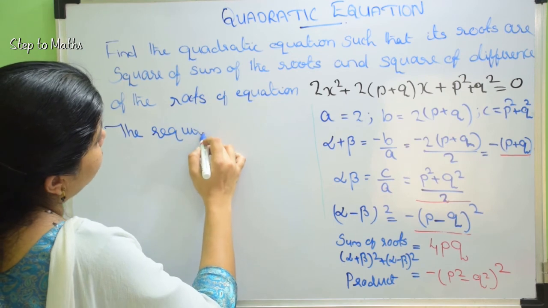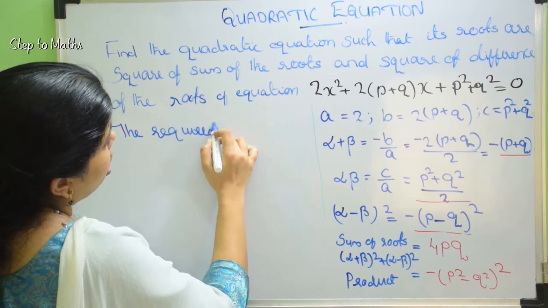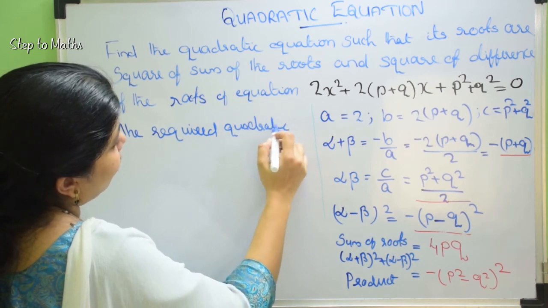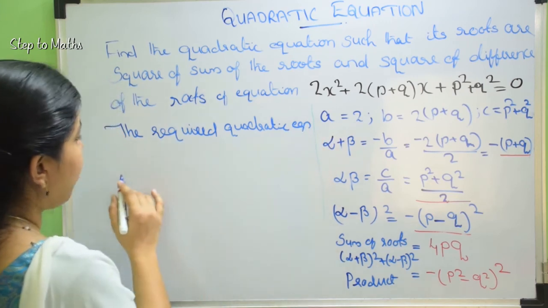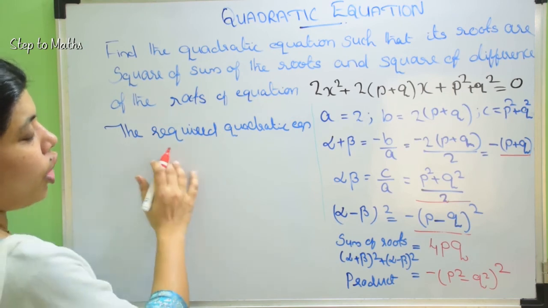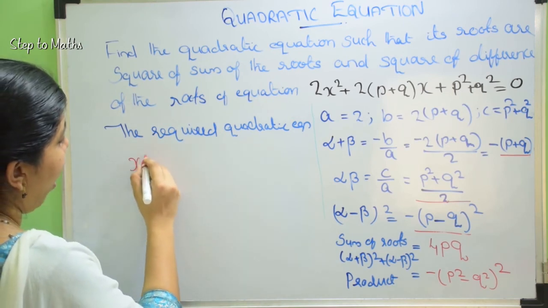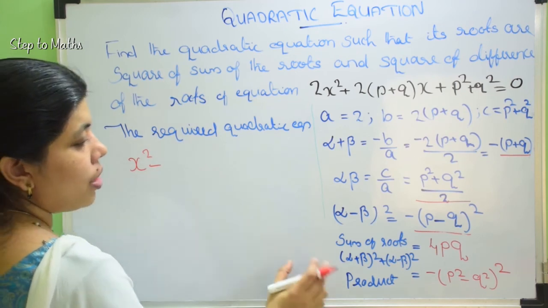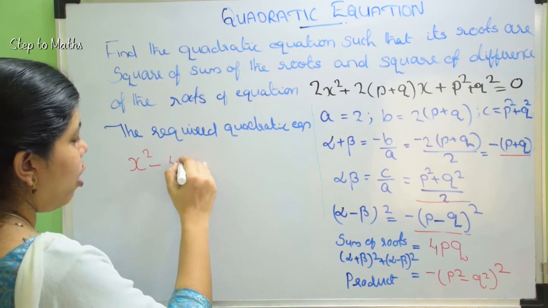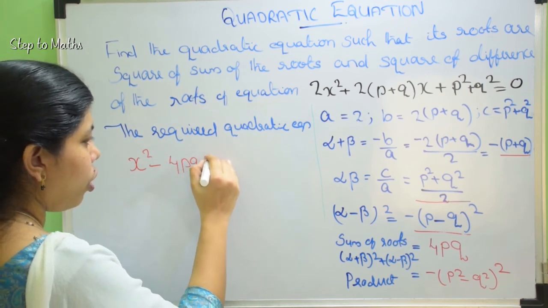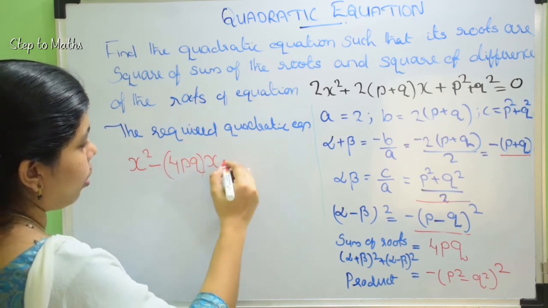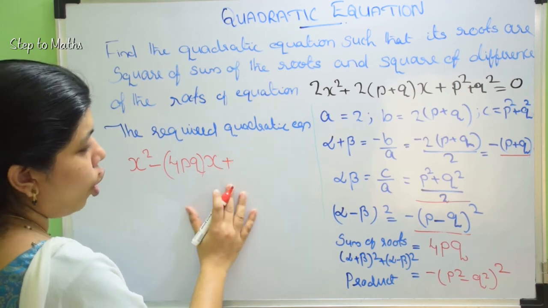The required quadratic equation is x square minus sum of roots into x plus product of roots.